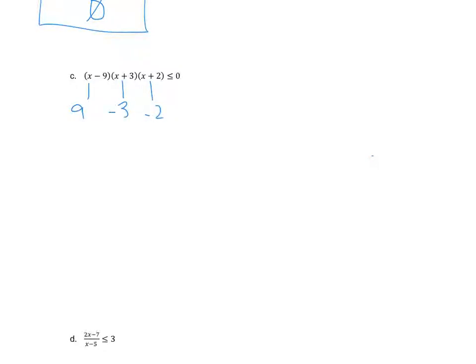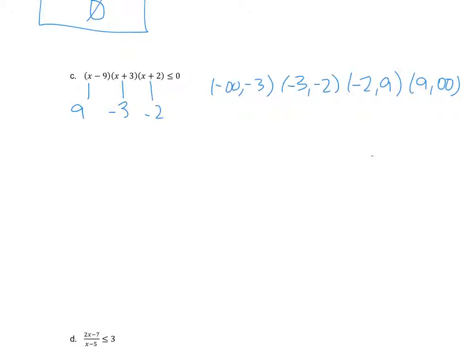So if I were to plot those along the number line, I would have -infinity to -3 as one interval, -3 to -2 as a second interval, -2 to 9 as a third interval, and 9 to infinity as my fourth interval.